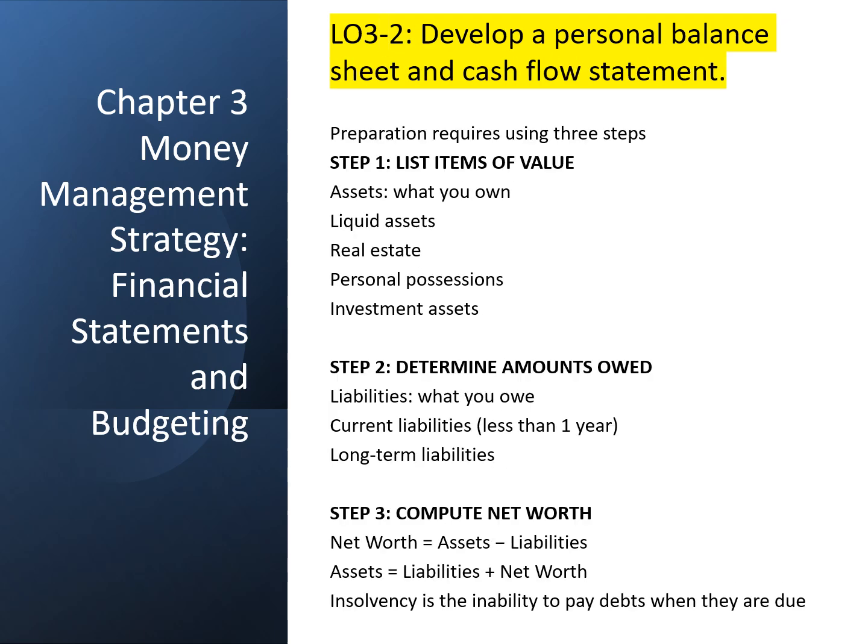In developing a personal balance sheet, you look at your assets and move from the most liquid to the least liquid, liquid meaning how quickly you can turn it into cash. The cash that you have would be a very liquid asset, like your checking account and your savings account, versus the home that you own, versus some personal possessions, versus some investment assets.